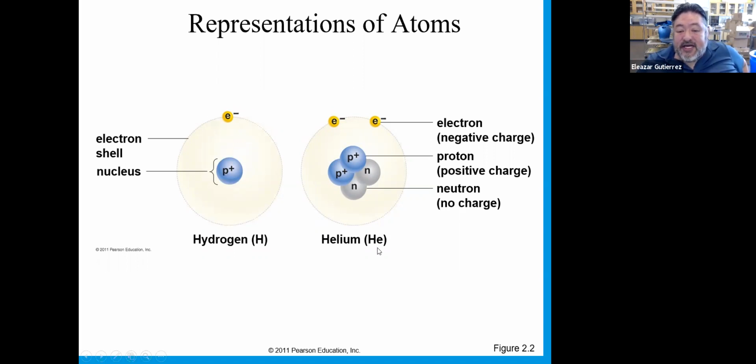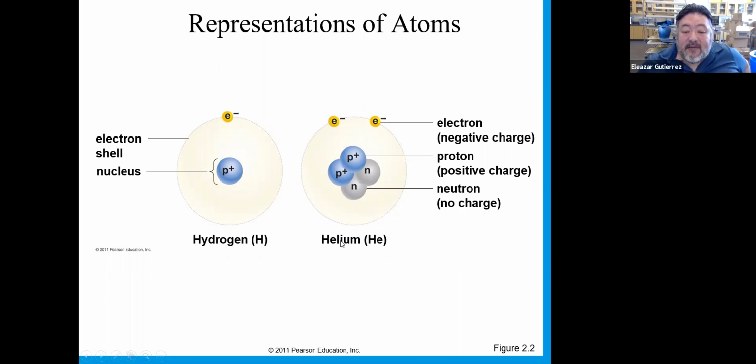Okay, here's helium. Here's the second element in the periodic table. Notice that it has not one but two protons. This particular helium has two neutrons in there. But these neutrons do not give you the identity of the element. What gives you the identity of the element? The number of protons.